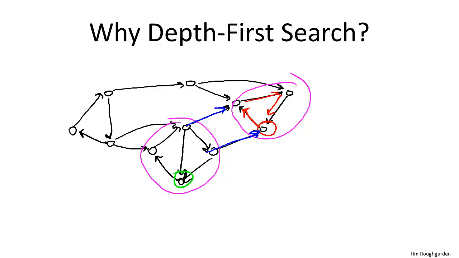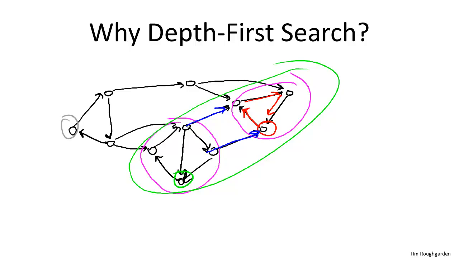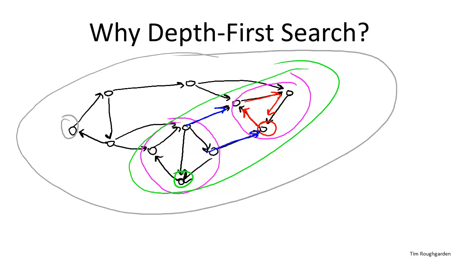So if we call DFS from this green node, we'll capture all 7 of these. So the point is, if we call DFS, it looks like we're going to get a union of possibly multiple SCCs. In fact, in the worst case, if we invoke DFS from the leftmost node, what's it going to discover? It's going to discover the entire graph. And that didn't give us any insight into the strong component structure at all.